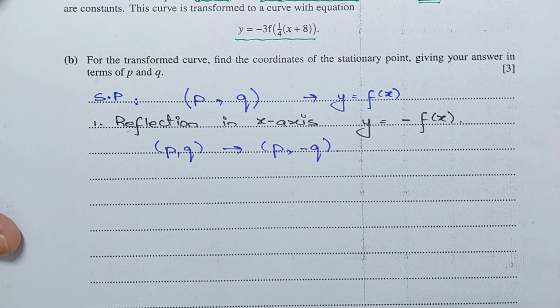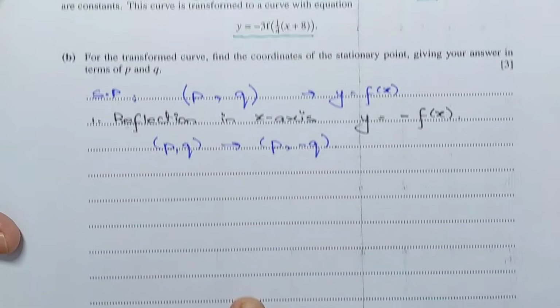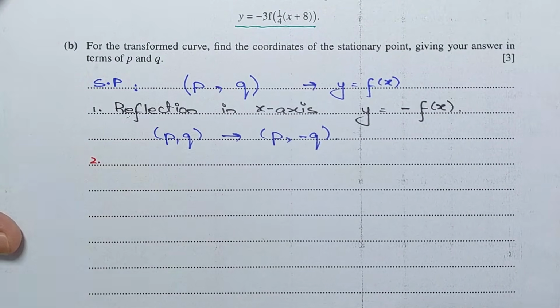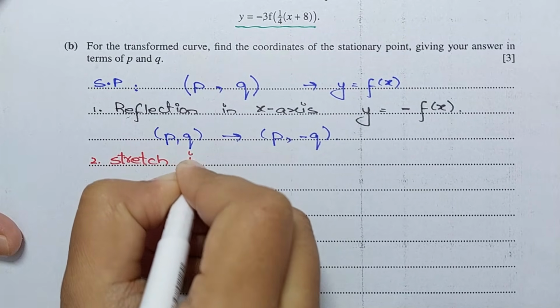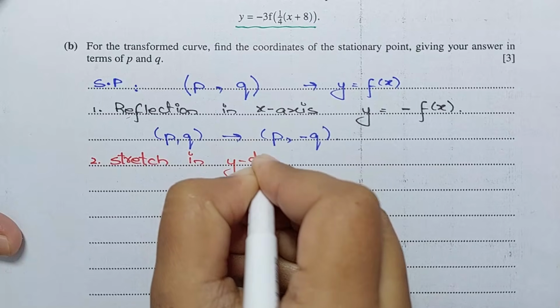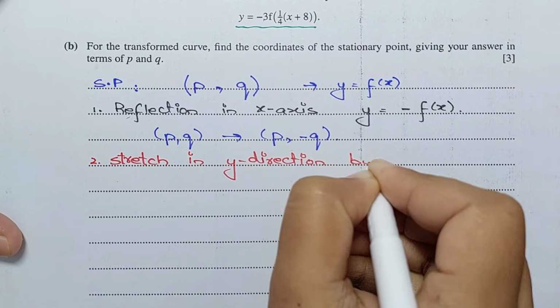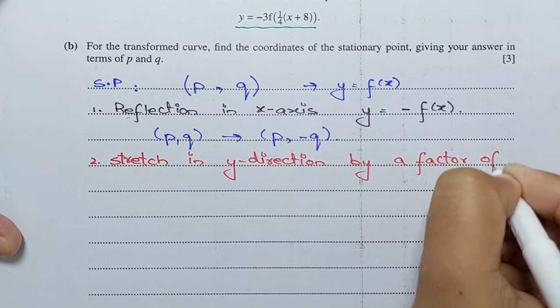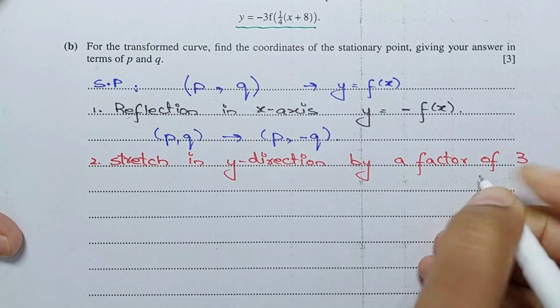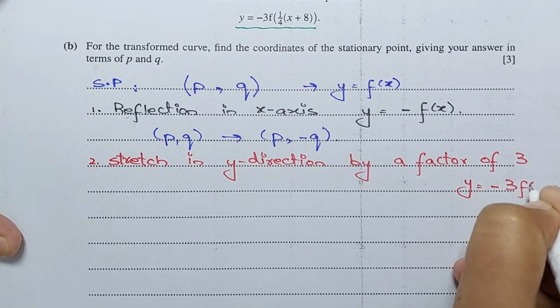Now the second transformation, you can see we have a 3, sorry, I forgot 3. So the second transformation is a stretch in y direction by a factor of 3, which means y equals minus 3 times f of x.